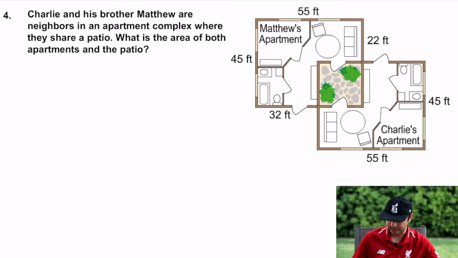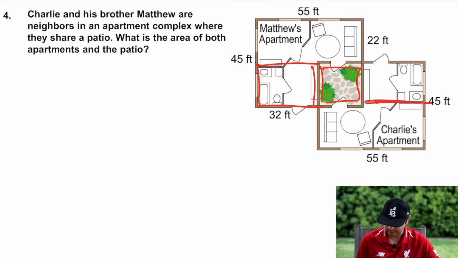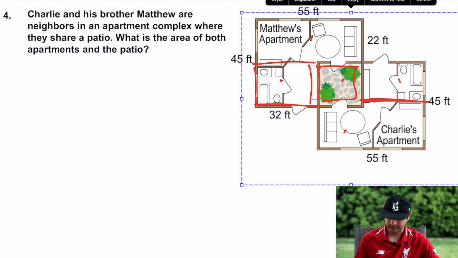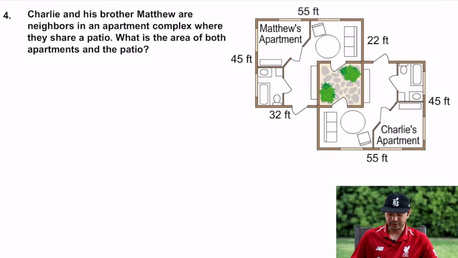So the long way of finding this would be to split it up into a whole bunch of rectangles. Like this rectangle, these rectangles here, this rectangle here, and this rectangle here. So you have 1, 2, 3, 4, 5 different rectangles. That's one way you could do it, right? But we're going to try to do it differently, because this way is going to be a lot faster.